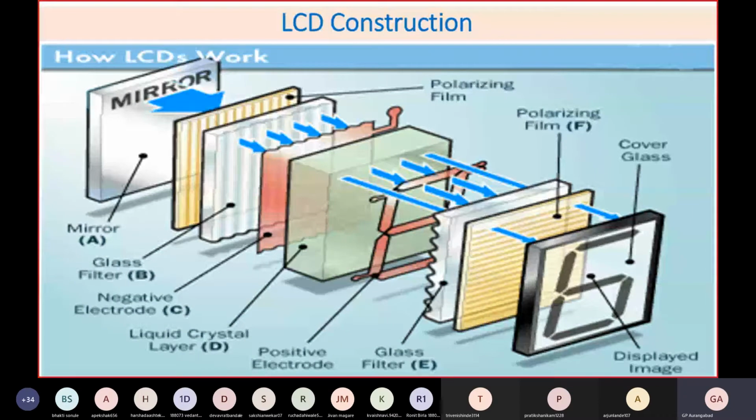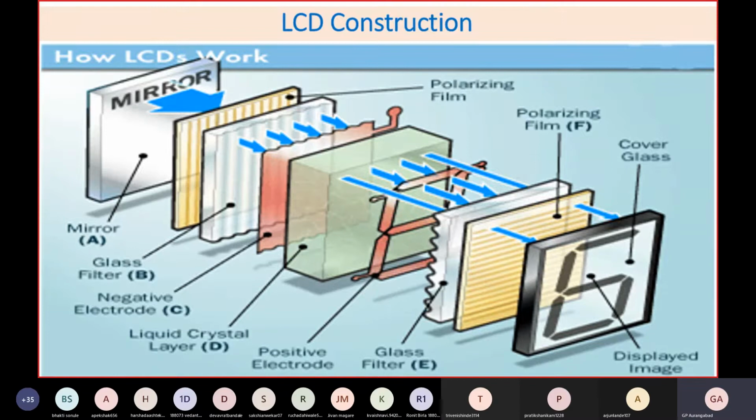Just try to remember this figure, keep it in your brain, because we are going to use this figure to understand the operation of LCD. Again, I'll repeat: at the center portion, you have a liquid crystal. On both sides of the liquid crystal, there are a negative electrode and a positive electrode.